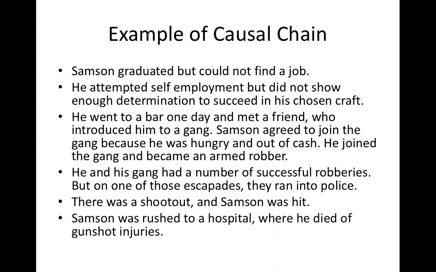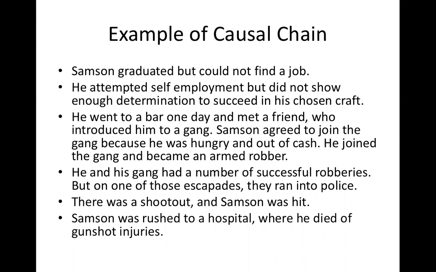He went to a bar one day and met a friend who introduced him to a gang. Now, Samson decided to join the gang because he was hungry and out of cash. So, because he could not find employment and he did not succeed in self-employment, he joined the gang. Now, he joined the gang and became an armed robber.